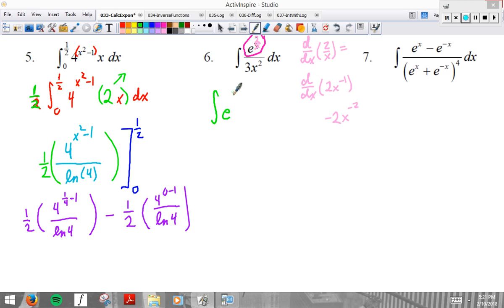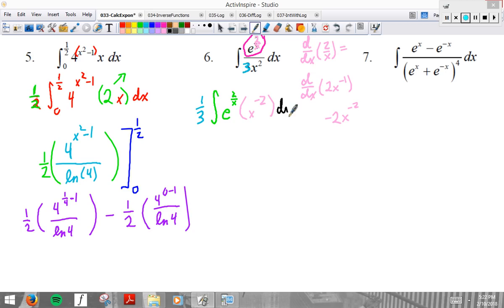E to the 2 over x. I'll ship the 3 out. It's 1/3, because that was on the bottom, so it's 1/3. I'll get my x to be a negative 2.